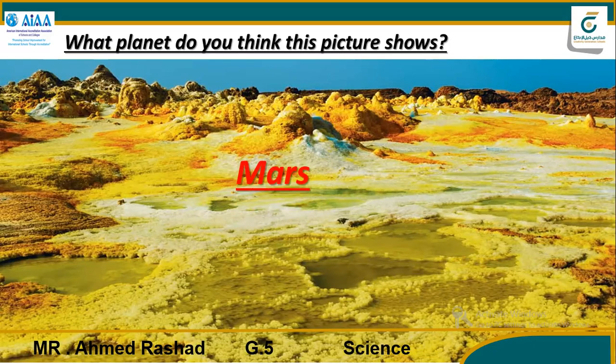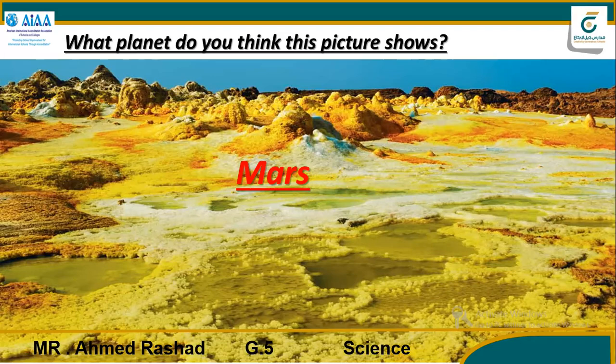So the possible answer here is Mars. Why? Because it's a red planet that has only a rocky surface and iron oxide. Again, iron oxide is a kind of iron material in the soil of the surface of Mars.